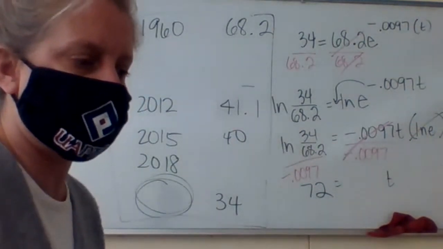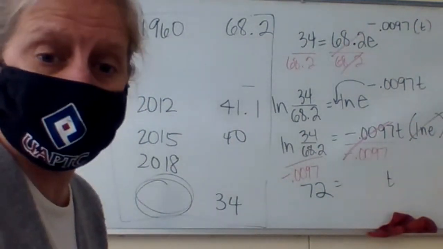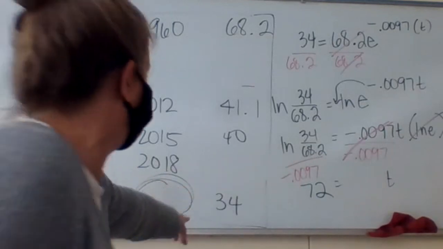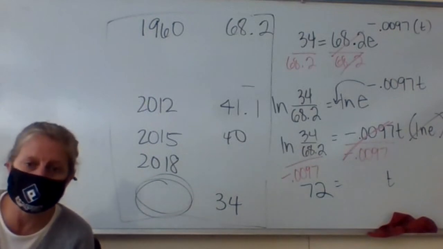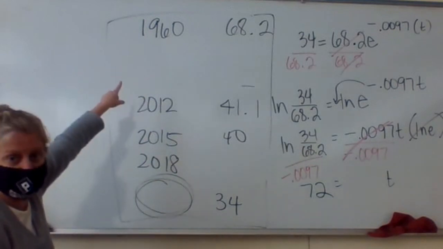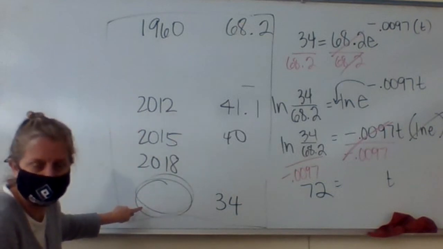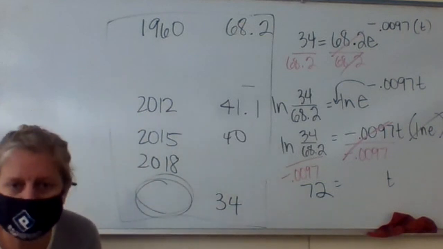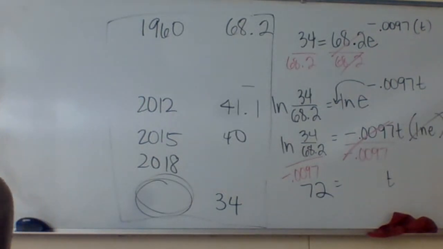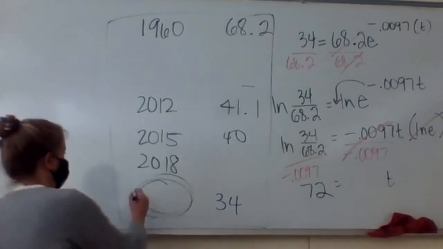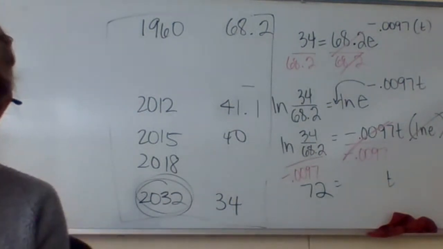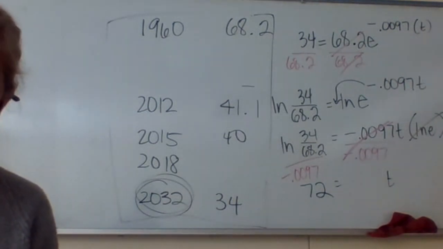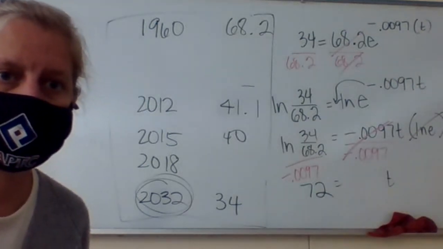What the question is asking me is, what year will the rate be 34? Well, it's not the year 72. It's just going to take me 72 years from 1960 to get there. So let's see, 1960 plus 72 gives me 2032. I'm not gonna lie, Ms. Hanson, I kind of did that the longer way. Like I started with the equation.